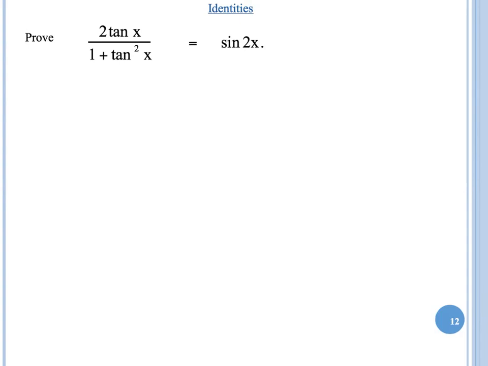So when I check out my Pythagorean identities, I see tangent squared plus 1 is secant squared, and that's basically what I have in the denominator there. So I'm going to replace with secant squared and see if that helps me.